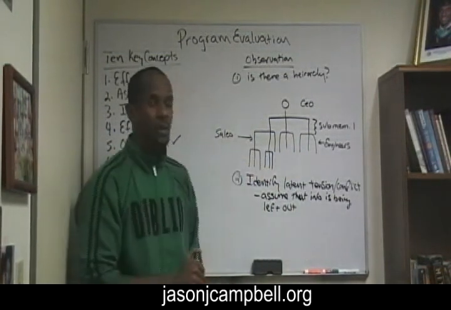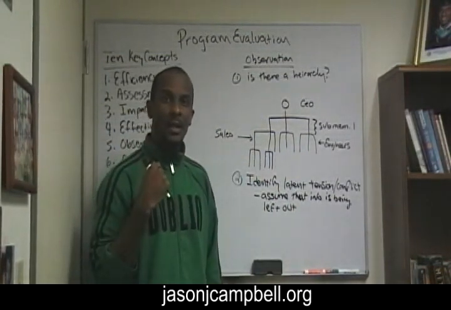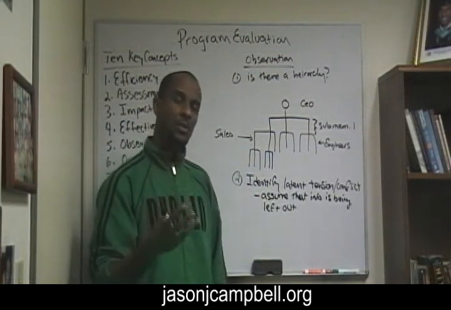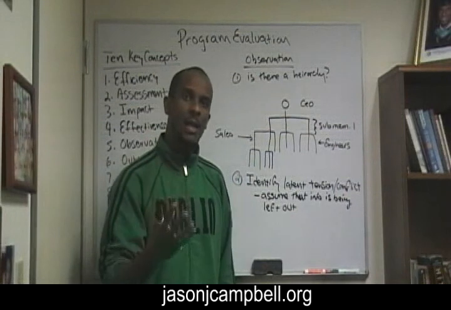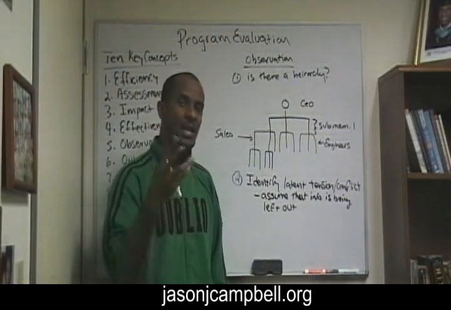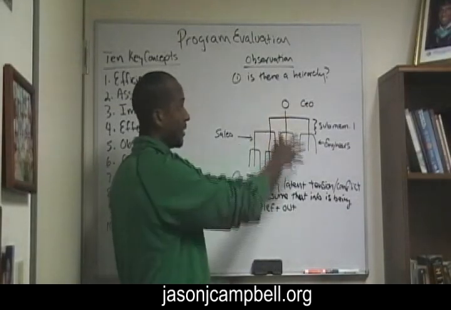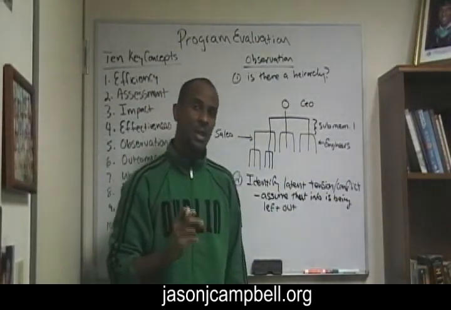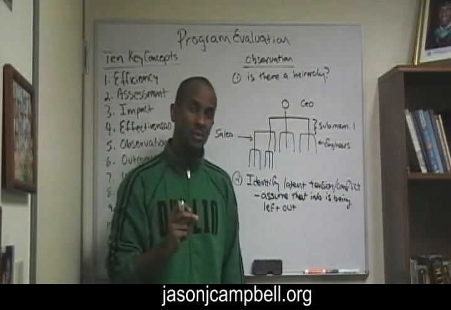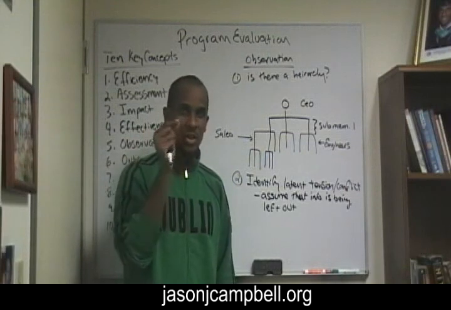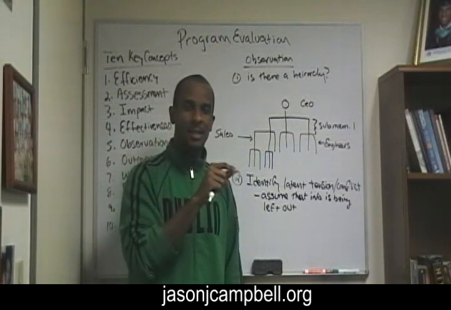In this example, all that I might know as the program evaluator is that for the last 3 quarters, there's been a decrease in sales. If I investigate a little bit further, then I can identify, after identifying the hierarchy, that there is tension between the sales force and the engineers. I might find out that there's a bit of animosity between the engineers and the salespeople for the reasons that I said before.